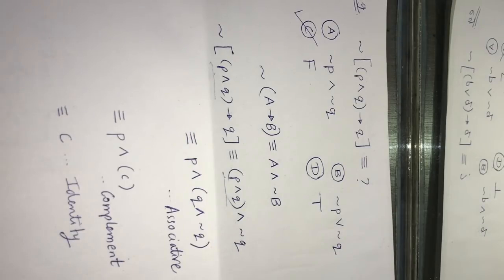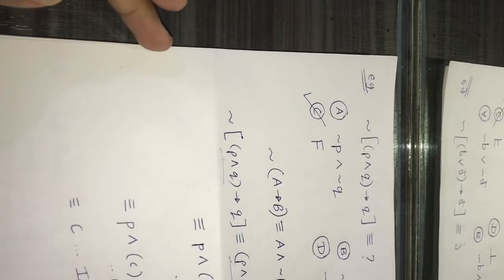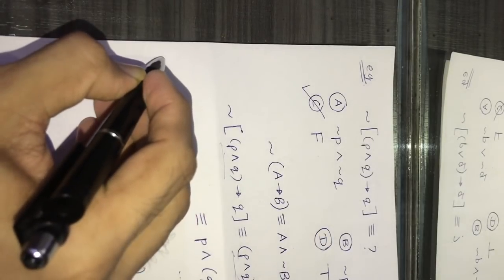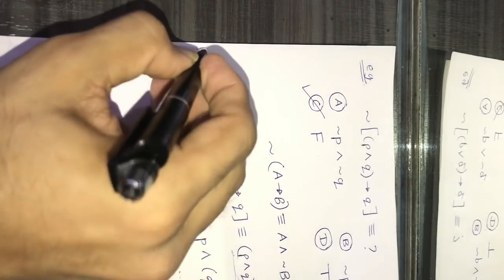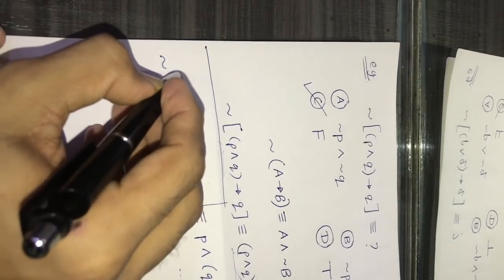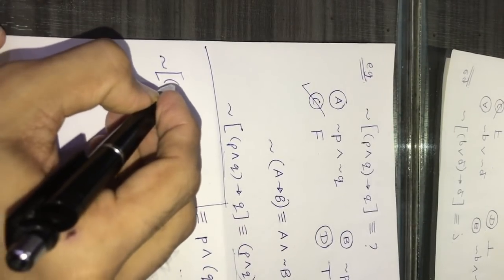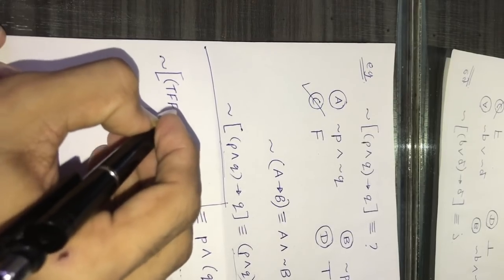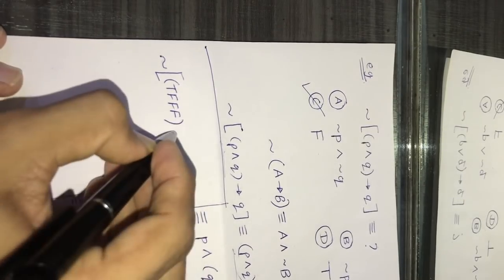Okay. As I said, right now I'm using laws here, but we can also always show this using a truth table. Okay, so let me make a truth table at this side in the CT pattern. What I'll do is I want to find out negation of P and Q. I remember the result, it is true, false, false, false.